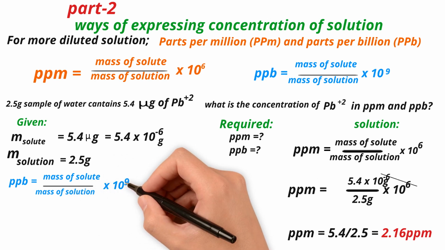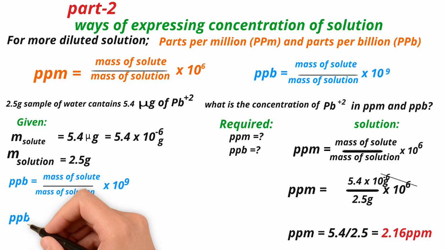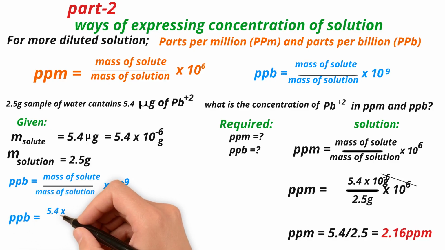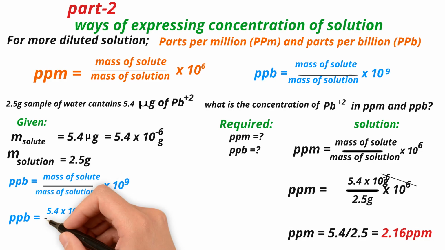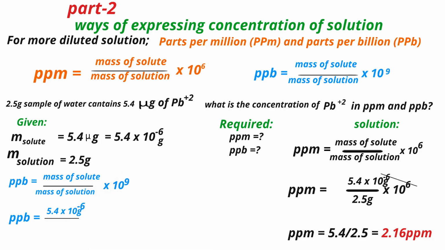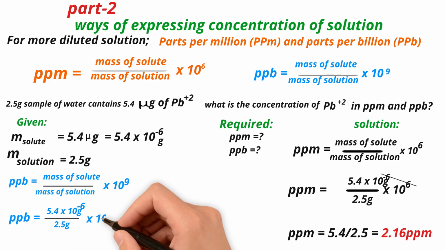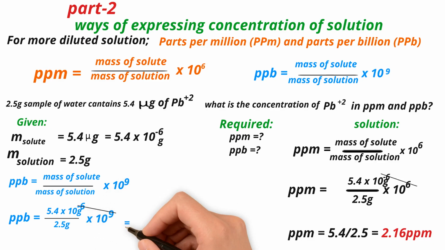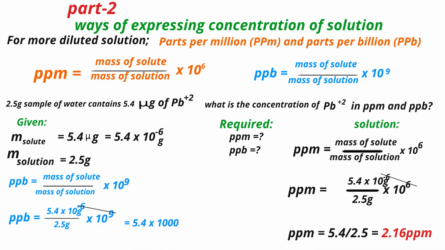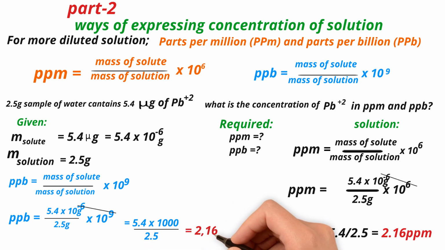Mass of solute 5.4 into 10 to the power of minus 6 gram over 2.5 gram into 10 to the power of 9. Now minus 6 plus 9, which is equal to 5.4 into 1000 over 2.5, which is equal to 2160 parts per billion.